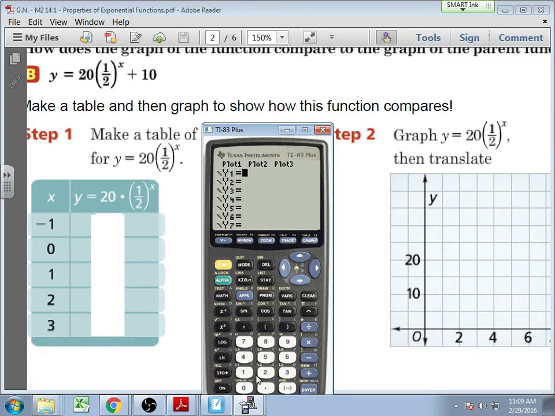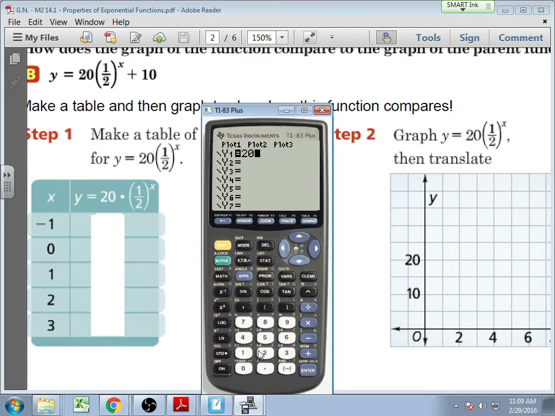Clear this out. Make it 20 times, not 21. The calculator's slightly skewed for my mouse clicks, so that's where it gets goofed up. Times 1/2 to the x. Now I'm actually going to add an extra set of parentheses around the whole thing before my vertical shift.